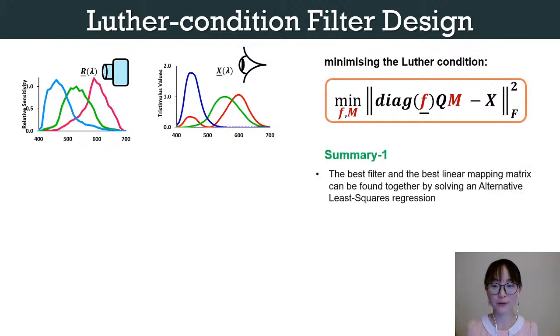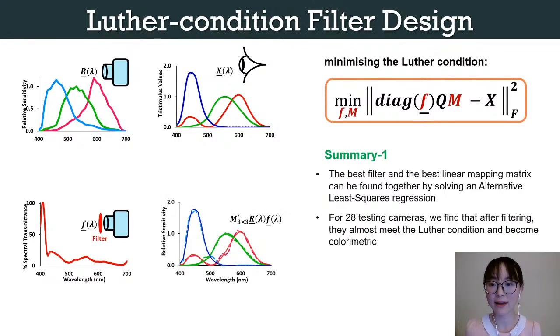We can solve the filter and the correction matrix in an alternating scheme, so each of them can be solved in closed form by least squares regression. And we can find a filter whose effective spectral sensitivities are almost a linear combination of the colorimetric functions. As you can see from the curves here, they fit very promisingly.